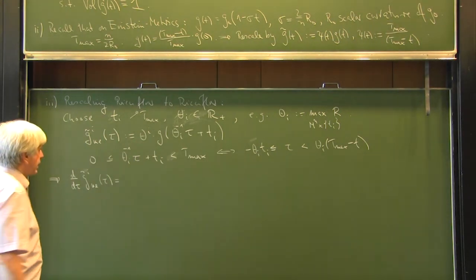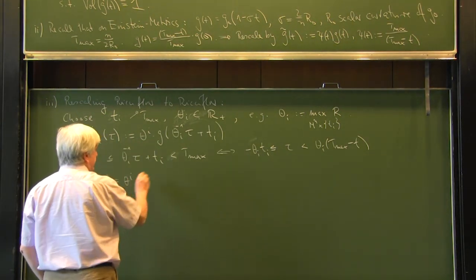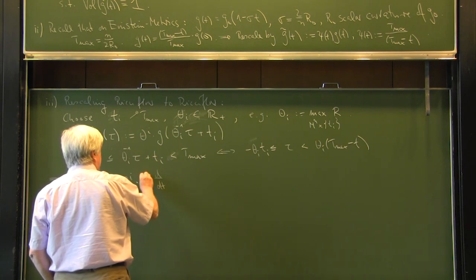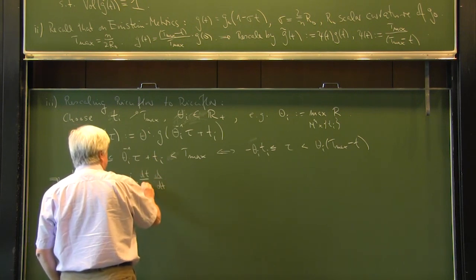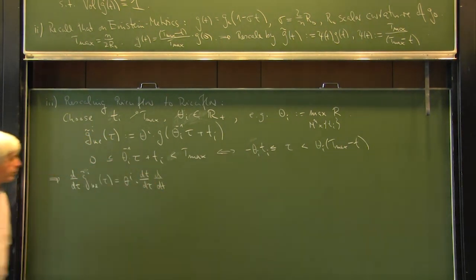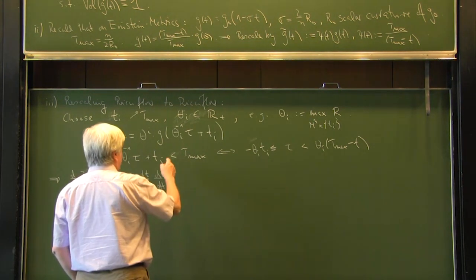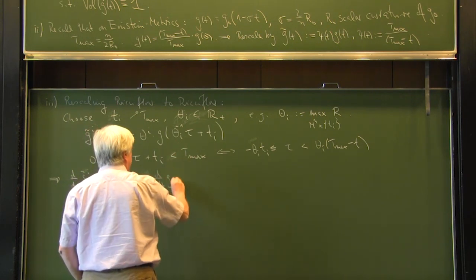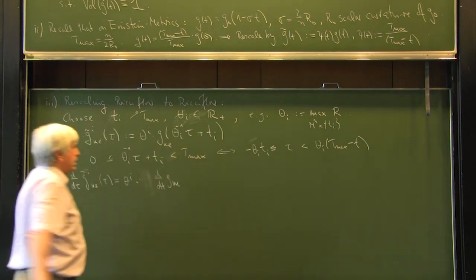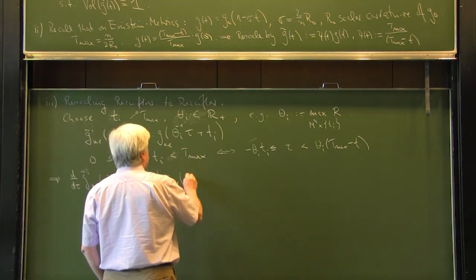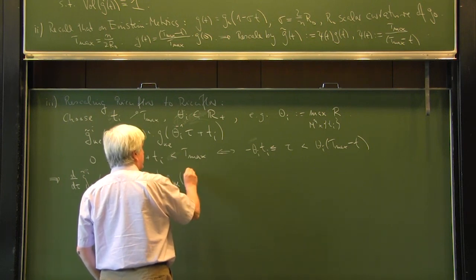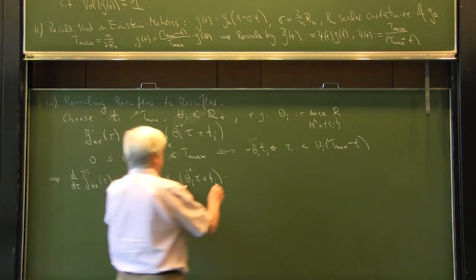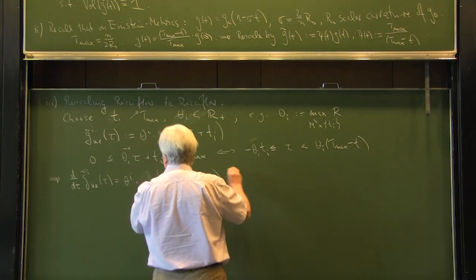This would be theta I times the time derivative of this one, but then you get, of course, the inner derivative, so you get ddt of G KL at theta I to the minus 1 tau plus Ti times the inner derivative, and the inner derivative here is exactly theta I to the minus 1.